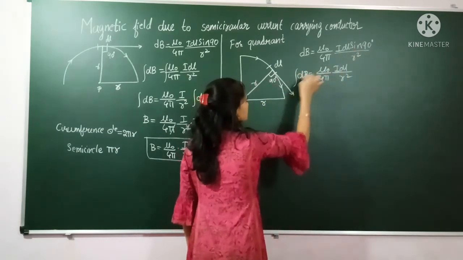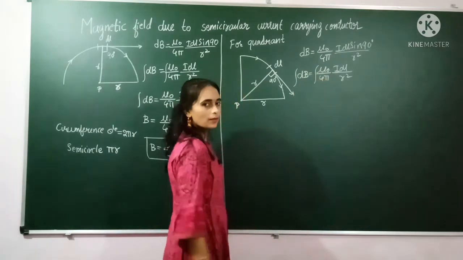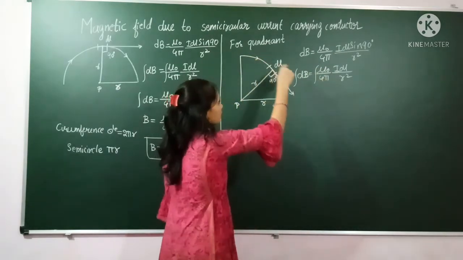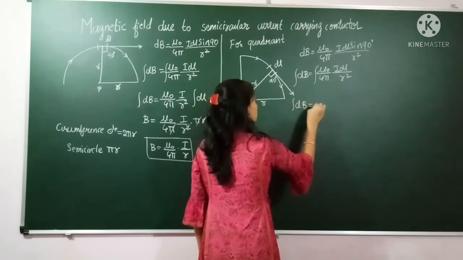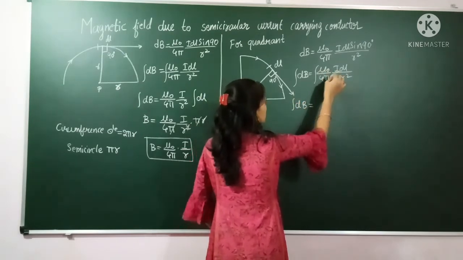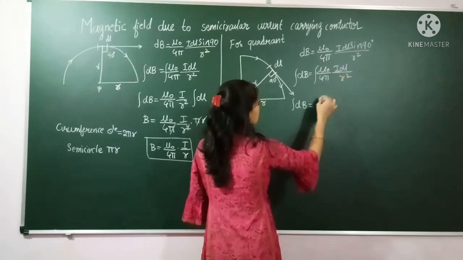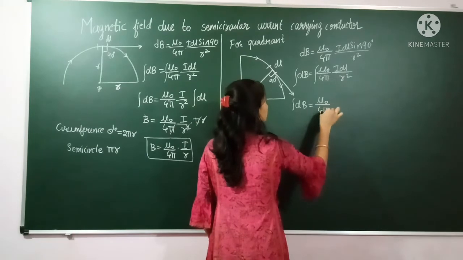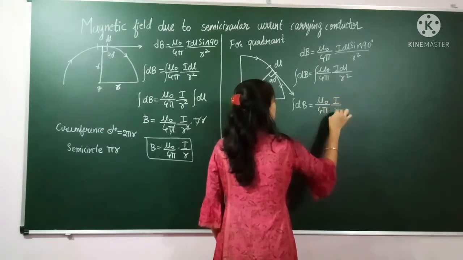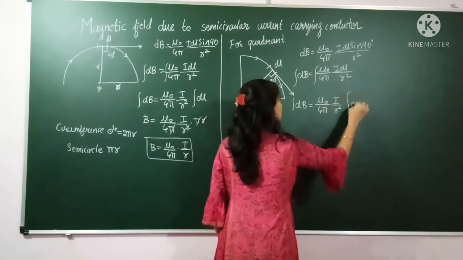If we integrate this equation, we get the magnetic field for this quadrant. Mu naught by 4 pi, I, and r are constant, so we take them outside: mu naught divided by 4 pi, I divided by r square, integral of dl.